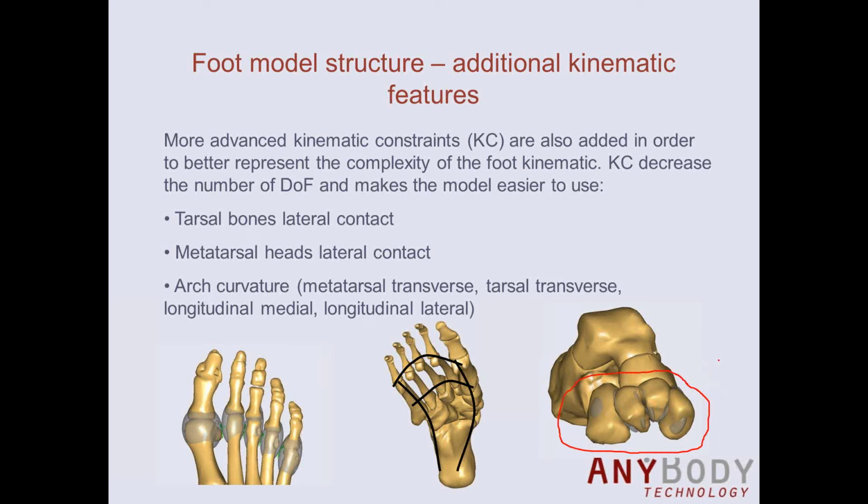That's providing kinetic and kinematic contact, so there is also a reaction force between the bones. We have the same type of contact on the metatarsal heads, and we have also added some constraints on the arch curvature. That helps to keep a natural shape of the foot during the motion.